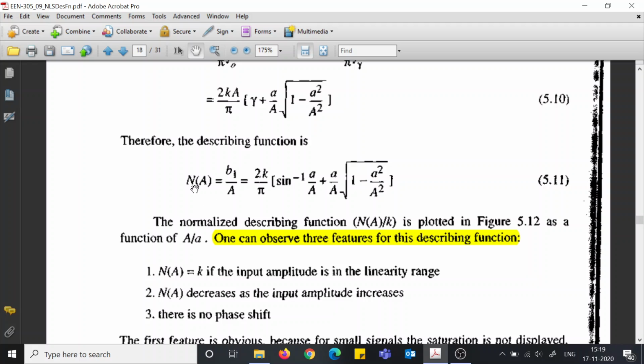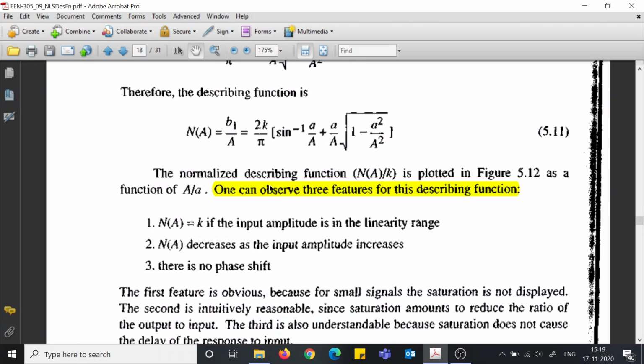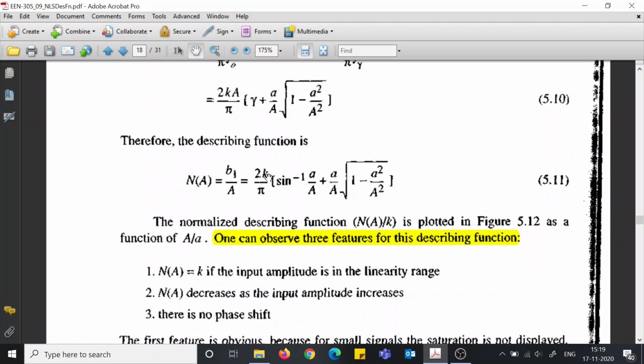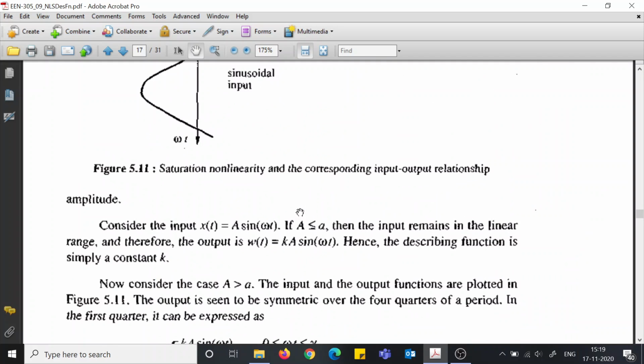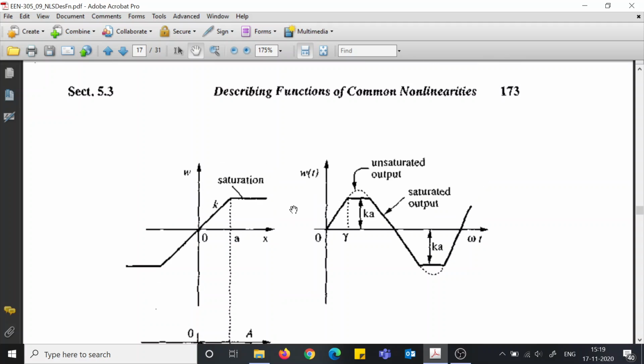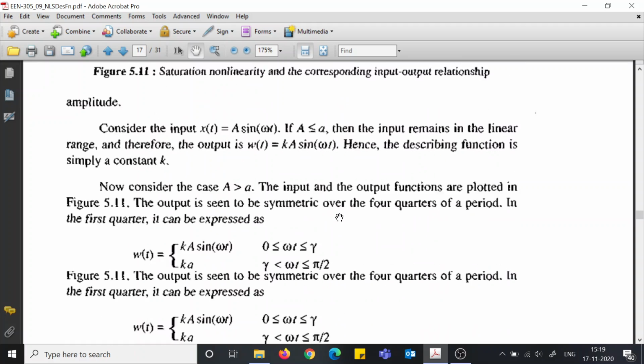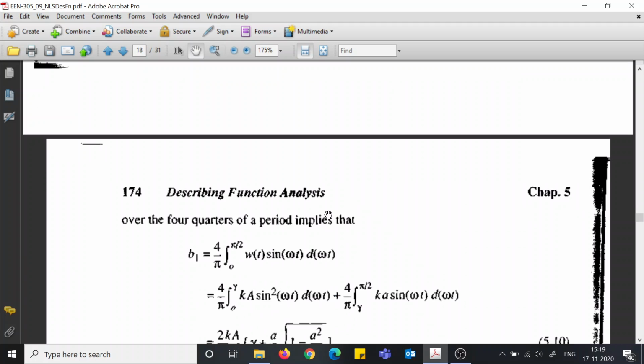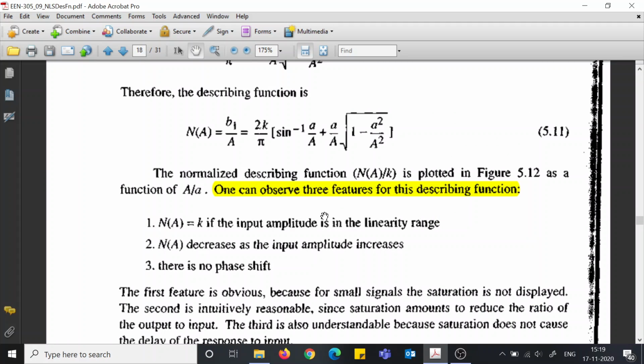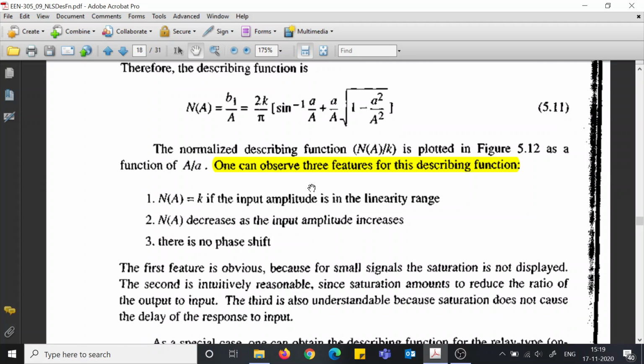It is Na, and we can also have the normalized describing function by taking this k in the denominator, Na by k. That k was the slope of the saturation. The saturation slope could be changing, that's why we can have a normalized describing function.